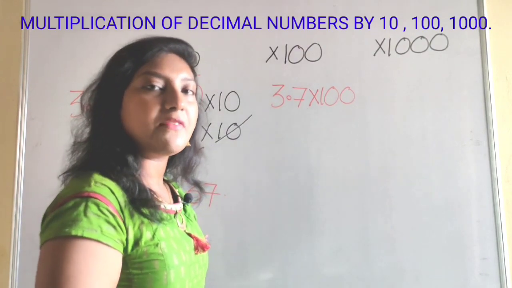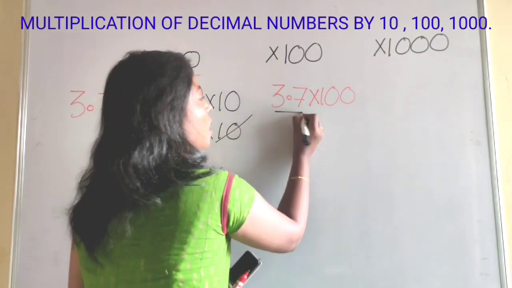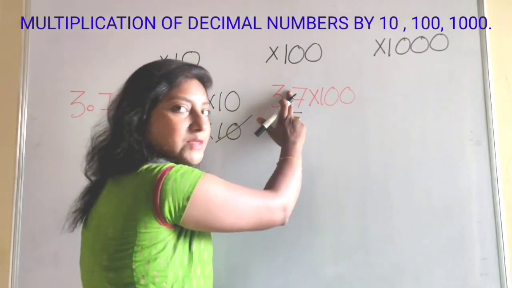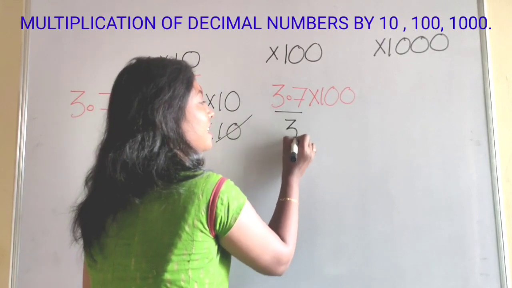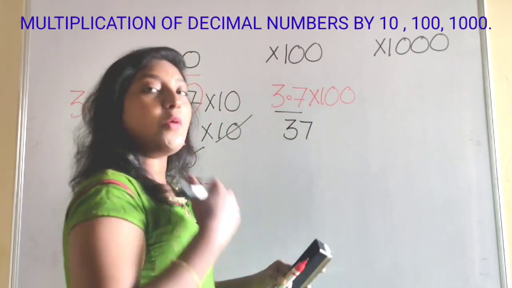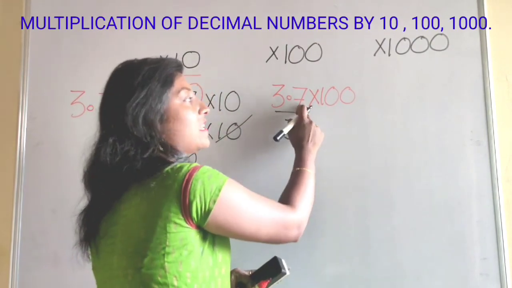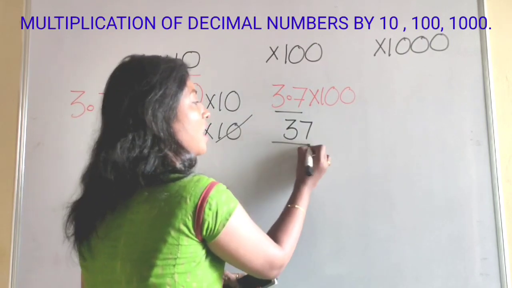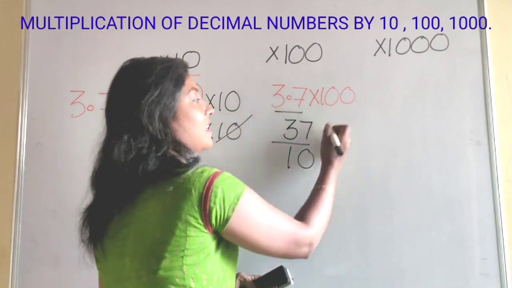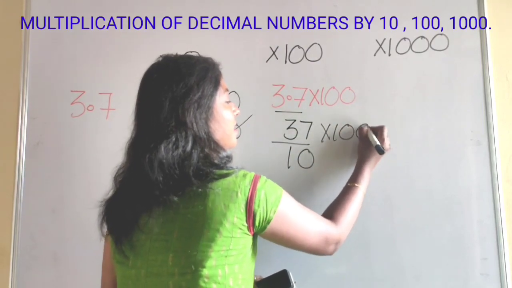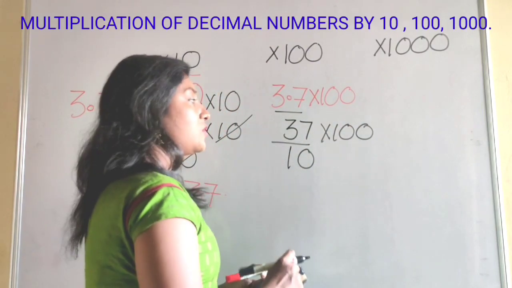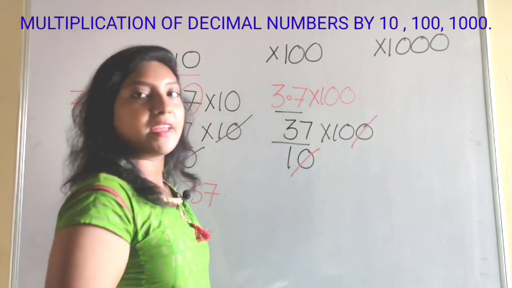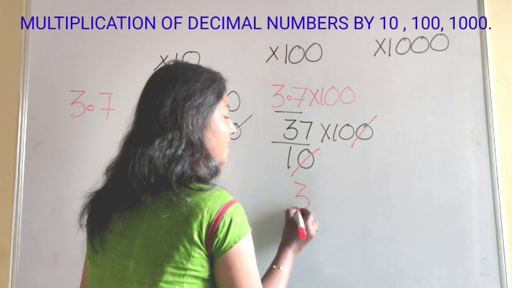Ignore the decimal point and write the digits, that is 37. And how many decimal places we have after the decimal point? We have to place those many zeros at the denominator, 10, and write this 100 here. Now, we are going to cancel 10 and 10 here. Now, our answer is 370.